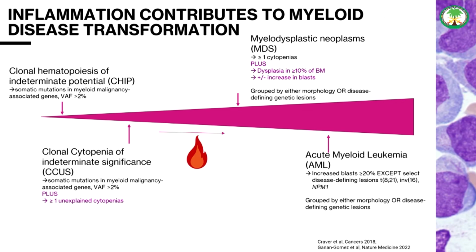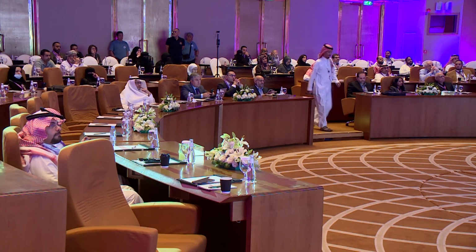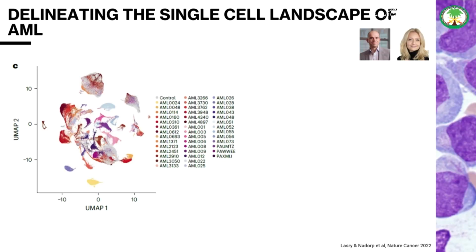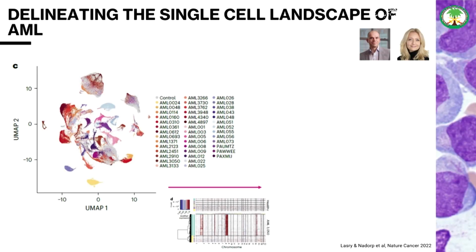So each of these steps, starting from CCUS, actually even earlier in CH, and especially also from MDS to AML, is driven, as I mentioned before, by inflammation and deregulated immune response. And some of the data that supports this, I would like to show you, and this is work that was done in both pediatric AML patients as well as adult AML patients, led by Tanya Gruber and Yannis Eifantas from NYU, and our team was able to participate as well.